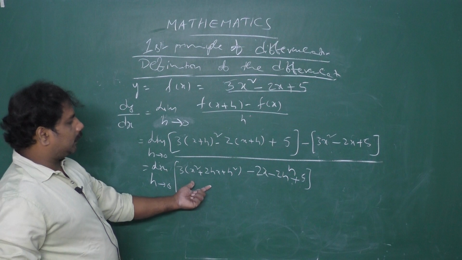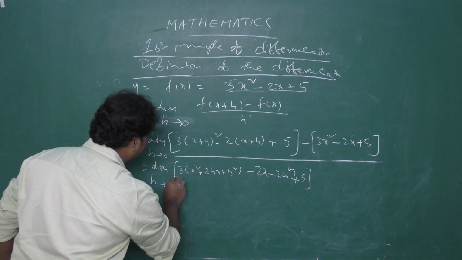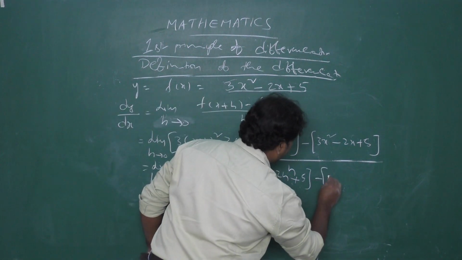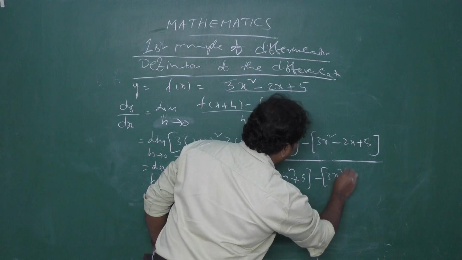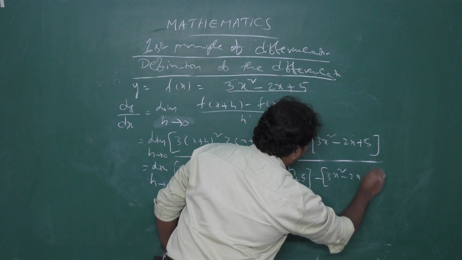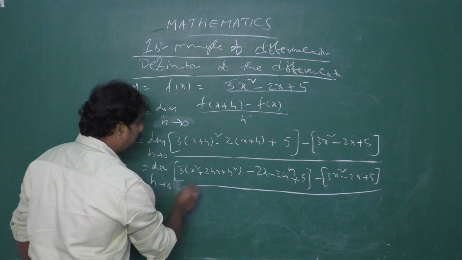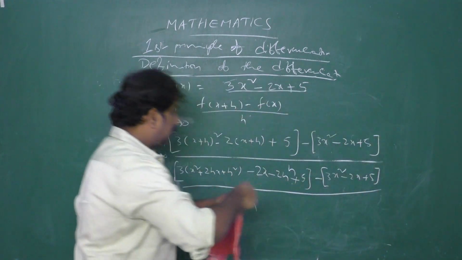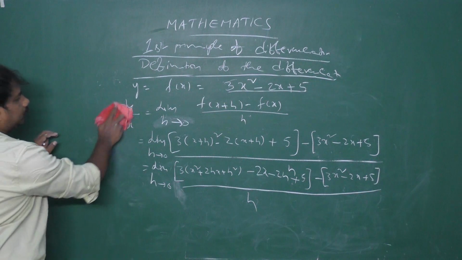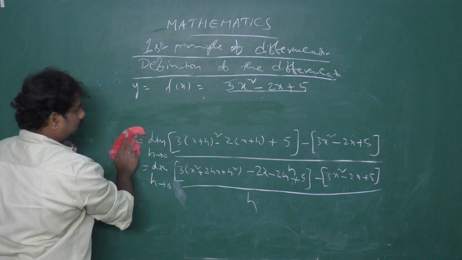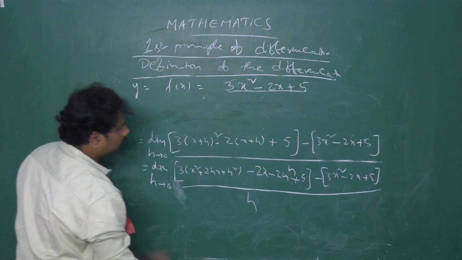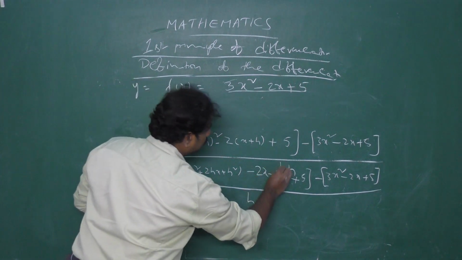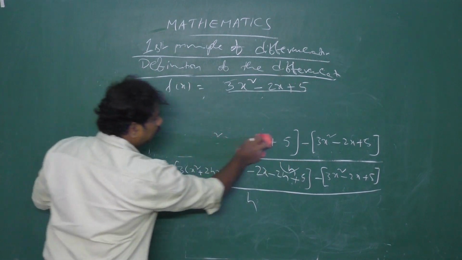Of course, we have to simplify this also, then in the next step we will do it. Minus again 3x square minus 2x plus 5, whole by h. Right. Now the next step is, actually by h is here. Remember, I'm going to rub this.